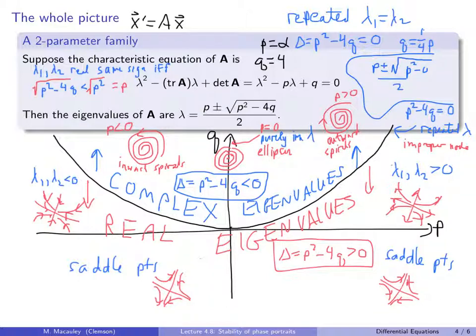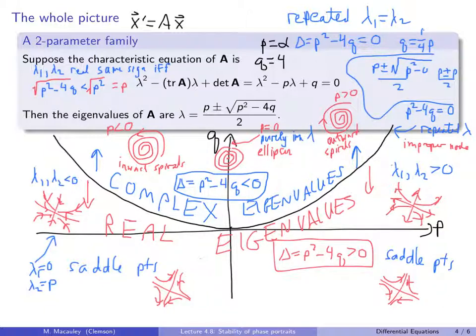So that means we're going to have p plus or minus p over 2, so one eigenvalue equal to 0. I don't know how to draw that, but for points on the p-axis, lambda 1 is 0 and lambda 2 is p. So this means the determinant is 0. That's the case we haven't really talked about very much. It's sort of in between these two cases, the saddle and the node.